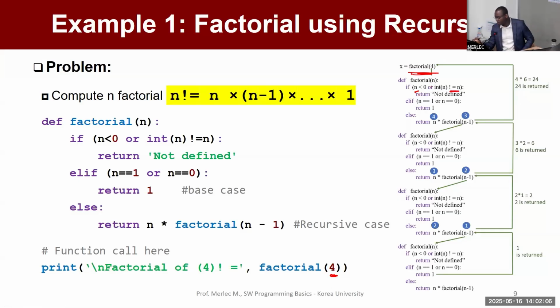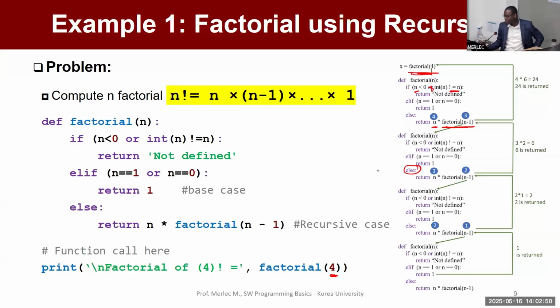But since we have or here, it goes to the next case, where we take n, the value given from the argument 4, and call the function again with the argument n minus 1, that will be 3. So this 3 will be passed here as the argument.